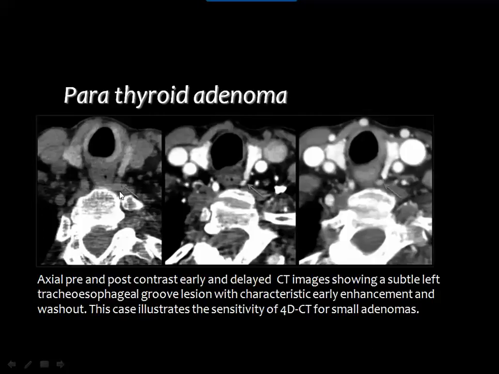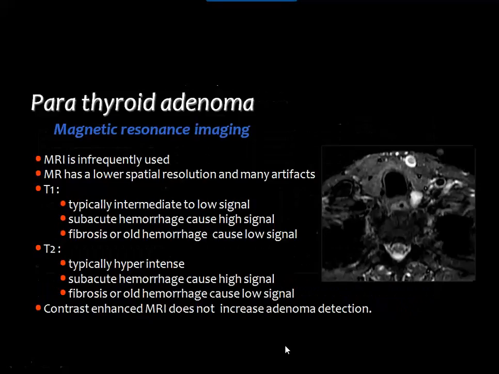In the pre-contrast scans, you may see some shadow posterior to the left thyroid lobe. After injection of contrast in the arterial phase, it shows intense enhancement, and in the delayed phase, it shows washout. These findings are considered by the literature as pathognomonic for parathyroid adenoma in the presence of positive clinical data.